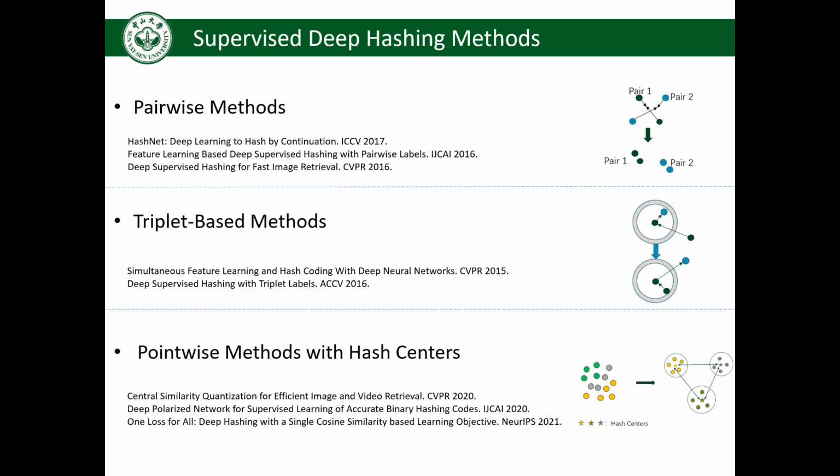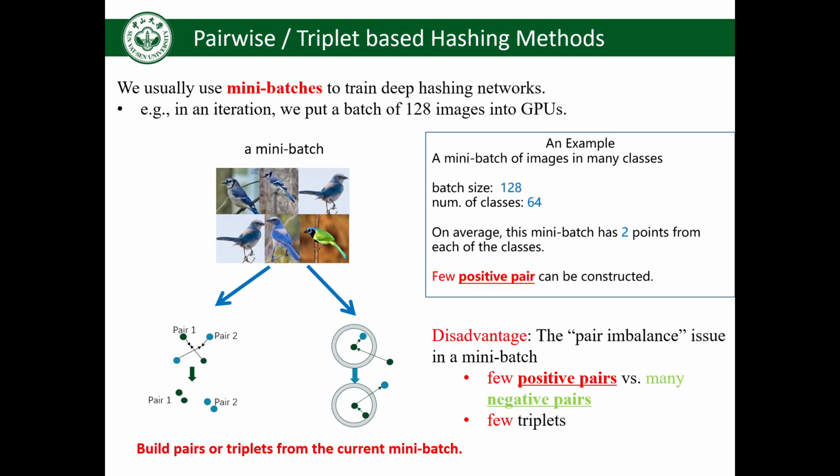In terms of the training process, supervised deep hashing methods can be divided into pairwise methods, triplet-based methods, and point-wise methods with hash centers. We usually use mini-batches to train deep hashing networks. Therefore, the pairwise methods and the triplet-based methods construct image pairs or triplets in the image batch.